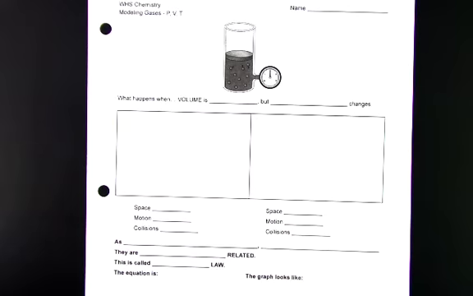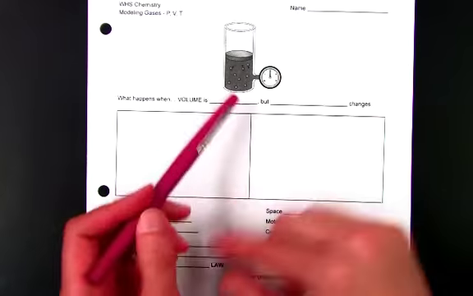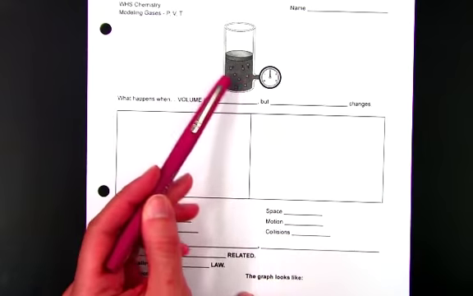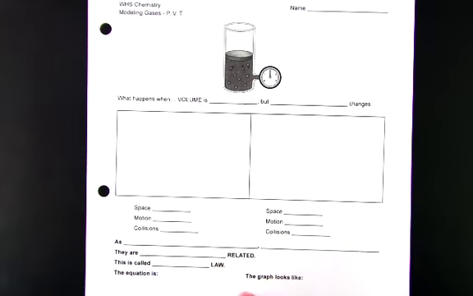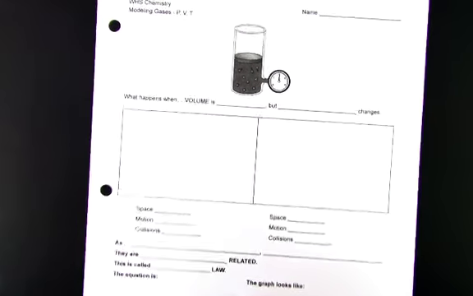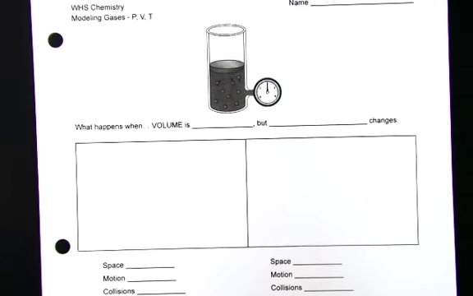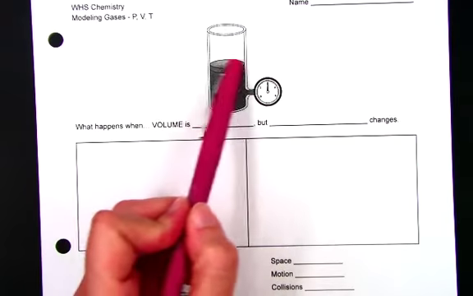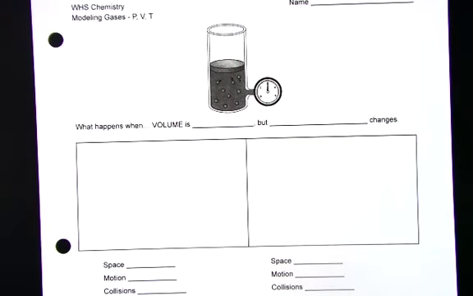Okay, are we ready? What we have here is a container that has some gas particles in it. It kind of looks like it's a liquid, but we're going to assume that it's a gas, okay? This top here, that lid is not movable.